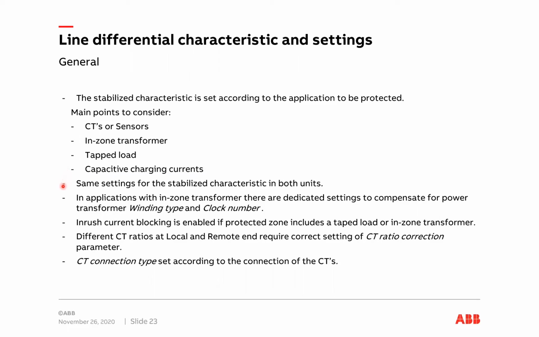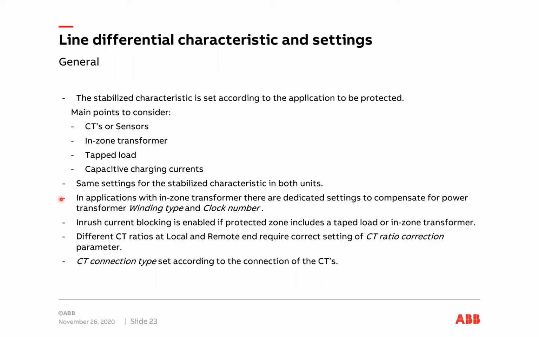And when we have calculated the characteristic, we will use the same settings for the characteristics in both units. If we have an in-zone power transformer, we also need to look at what kind of windings we have in the power transformer. So we need to compensate for the winding types and clock numbers.